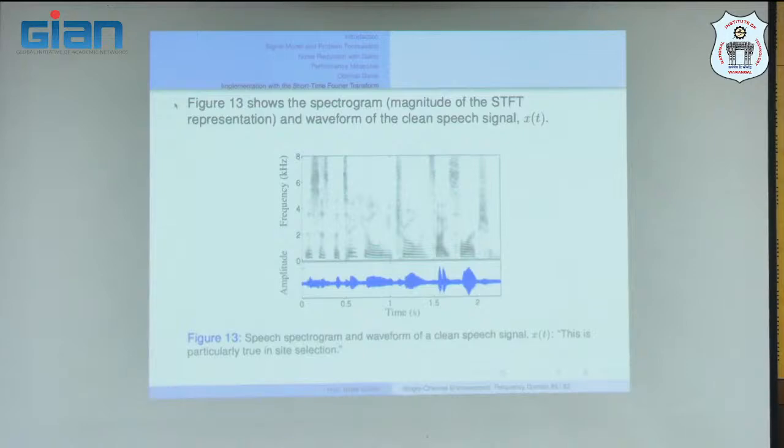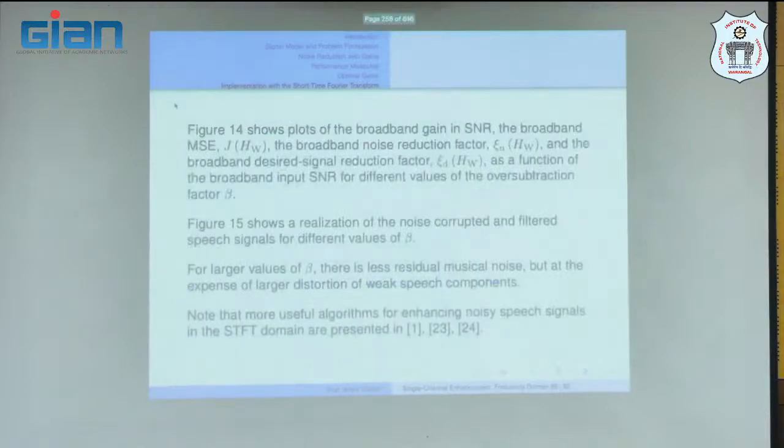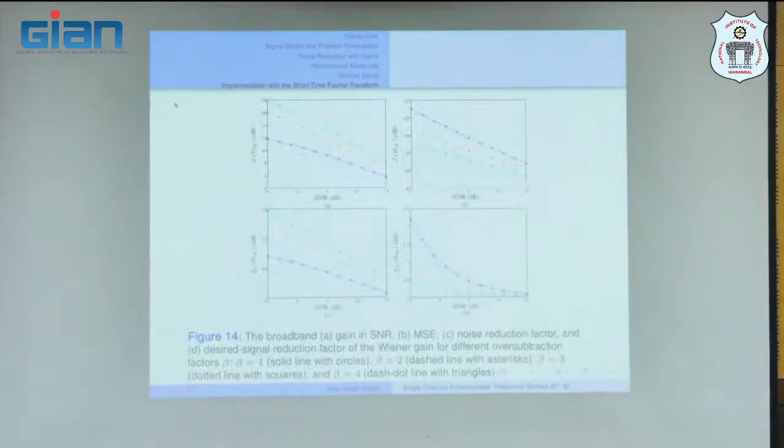So it's a nice way. And you can do it also with color, if you like. Also the spectrogram. Here we see the gain in SNR, the MSE, the noise reduction factor, and the desired signal reduction factor.